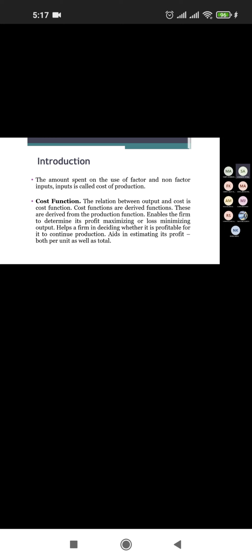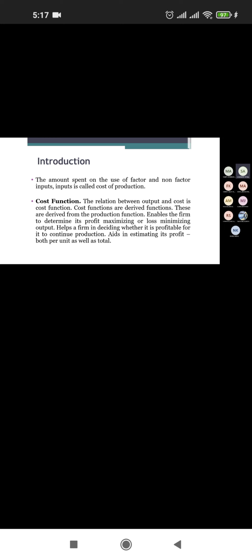Output, meaning Y, is a function of C. So there is a negative relationship between the cost and the production function. If we increase our cost, meaning input cost increases, our output decreases because our output becomes more and more expensive due to the input factors like land, labor, capital, and organization.